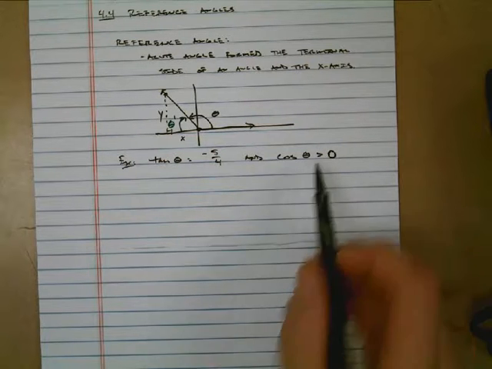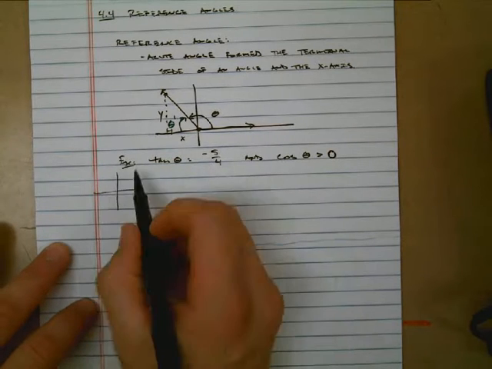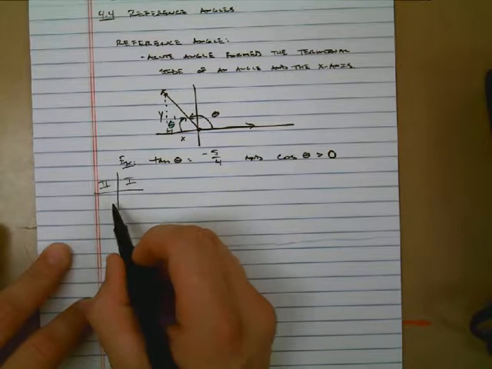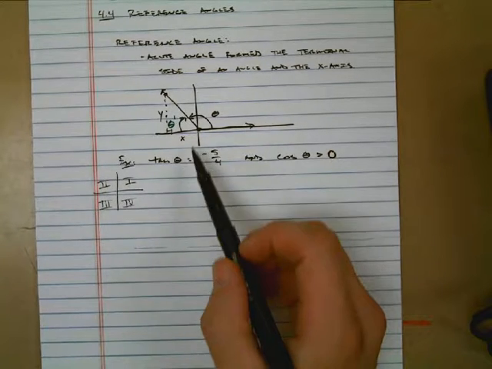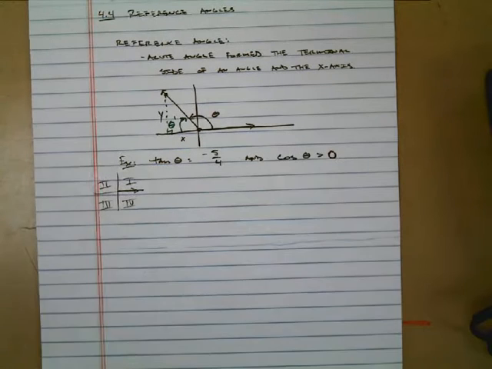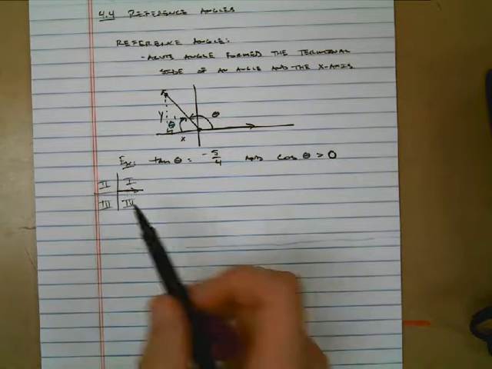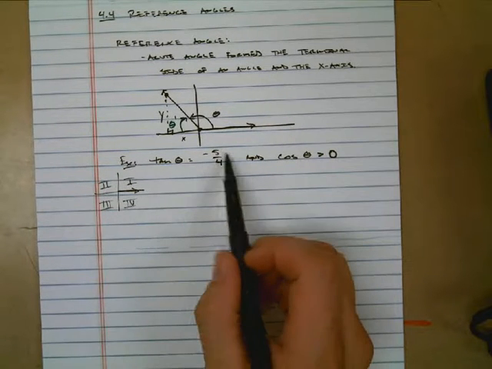So if we think of the plane, we can first identify what quadrant this is in. This angle theta begins in the standard position, rotates counterclockwise, and ends with a tangent value that is negative and a cosine value that is positive.